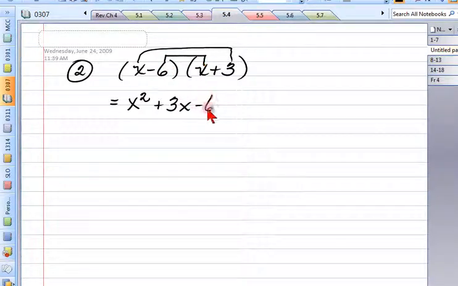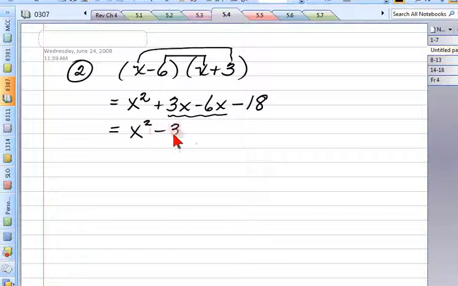Negative 6x. And what's the product of the last? Negative 18. Did you end up with any like terms? Yes. Once again, the inners and the outers tend to be like terms. So that's x squared minus 3x minus 18.